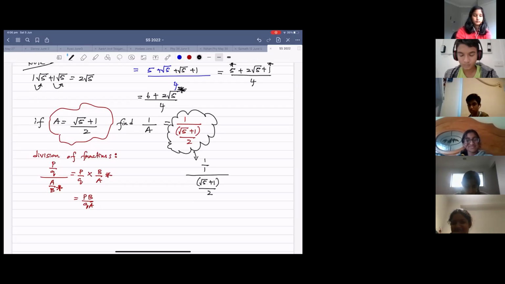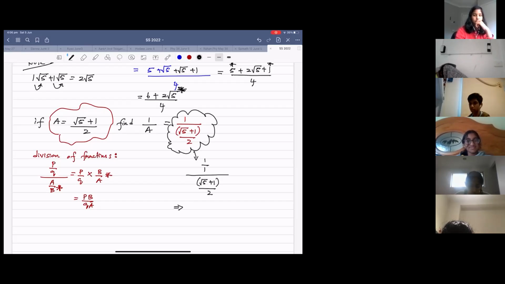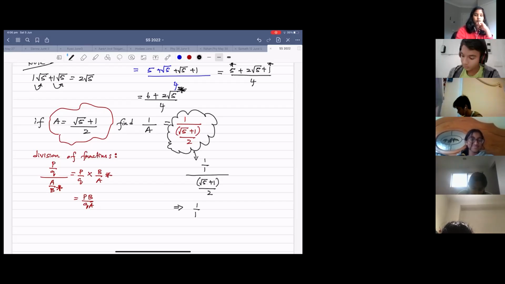So that can be written as 1 divided by 1. Division converts to multiplication. 2 comes up. Square root 5 plus 1 comes down. So now 1 times 2 is 2. 1 times this bracket would be the same bracket. That's the answer.